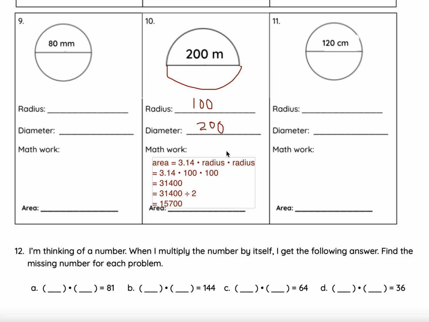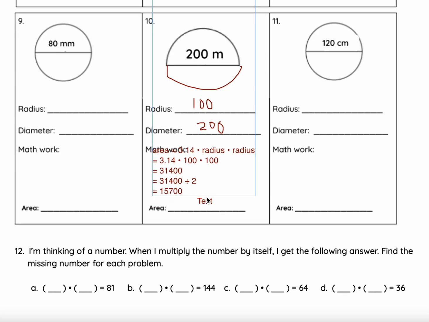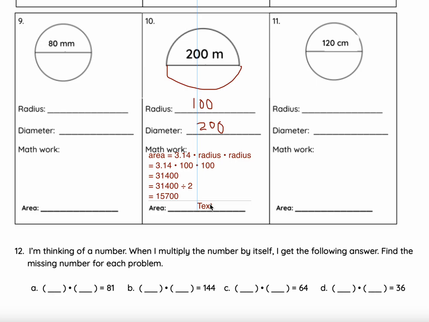So our final answer is 15,700 meters. And once again, we'll have to do squared because we're talking about square units here, measuring area.